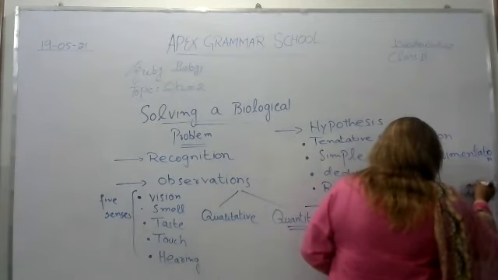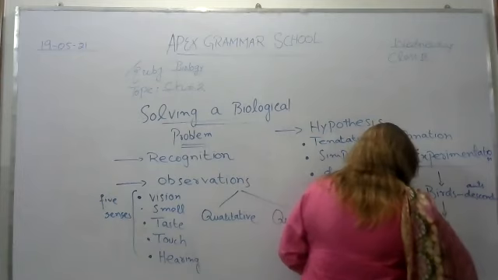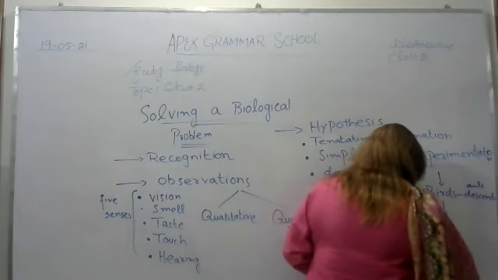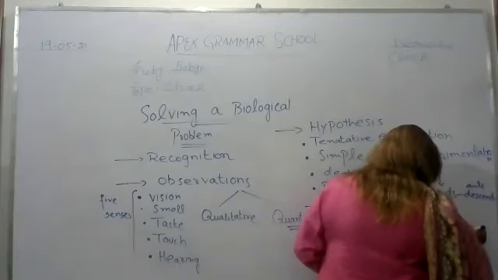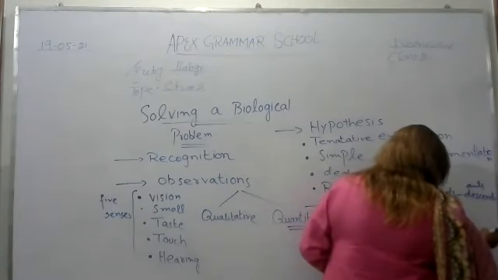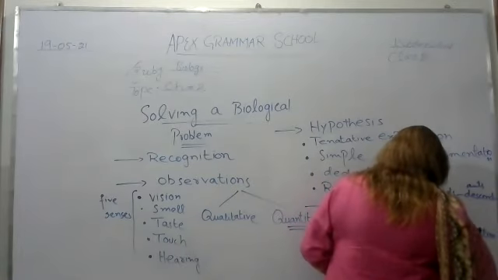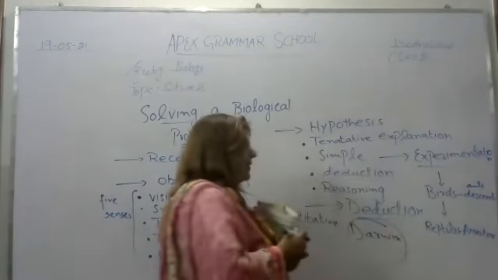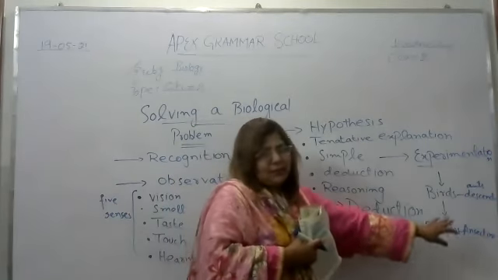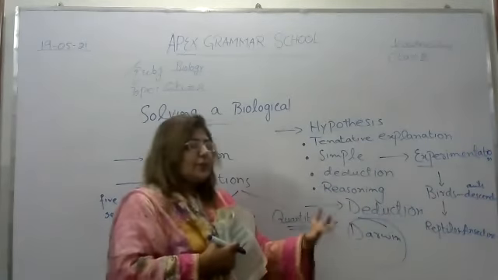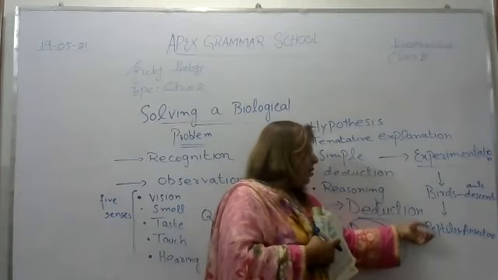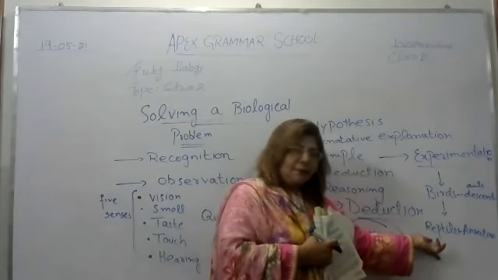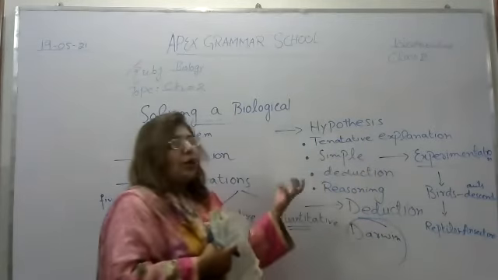Birds are descendants and reptiles are ancestors. In simple words, I can explain: reptiles are ancestors and birds come from reptiles. Okay. So this is called evolution.